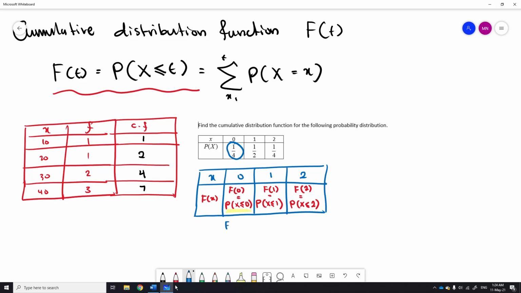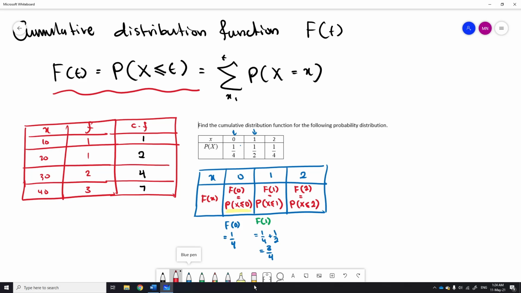So F(0) is equal to 1 over 4. Then F(1) is a probability that is less than or equal to 1. For less than or equal to 1, it could be 0 and 1. So it is equal to 1 over 4 plus 1 over 2. So it becomes 3 over 4.